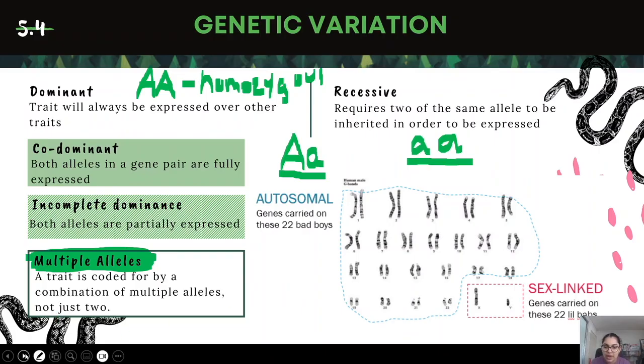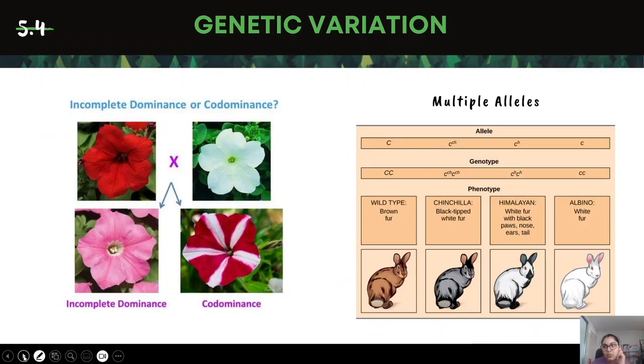So let's have a look now at what incomplete dominance and codominance are. If we breed a red flower with a white flower, incomplete dominance would be if you get a pink flower, so both of them do not fully compete with each other.